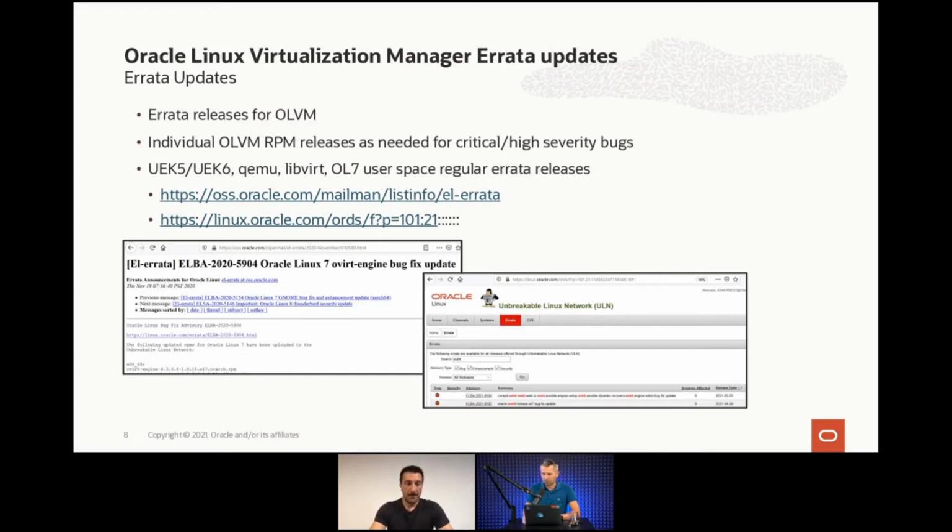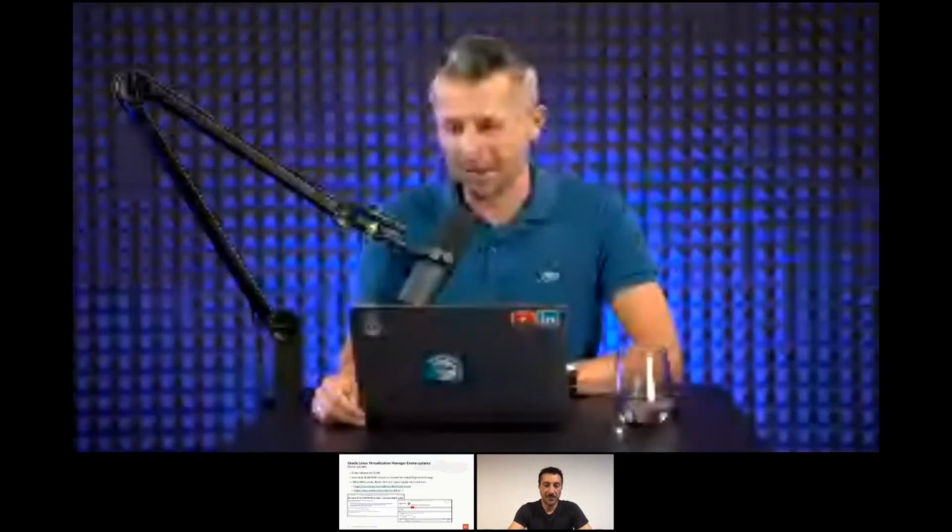Okay, we have two more questions at this point, so let's go straight away. Is OLVM supported for Oracle Database Appliances, ODA? So Oracle Database Appliance is an engineered system, another engineered system relying on the same Oracle Linux KVM for the hypervisor, right?